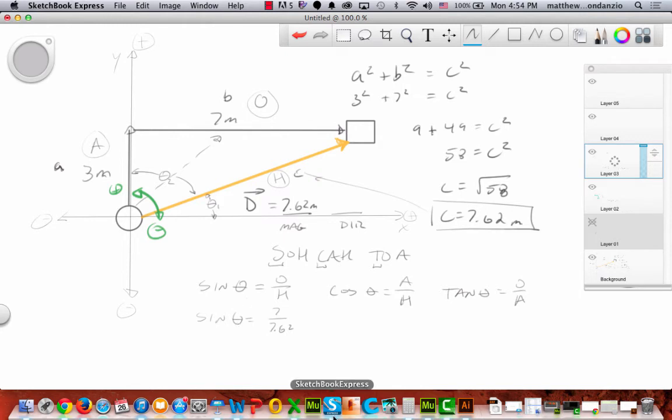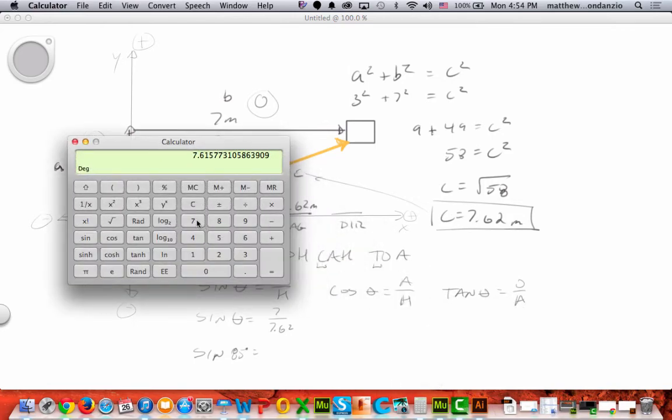Because I'm saying the sine of the angle is this ratio, I need to figure out how to get there. Let's say the angle was 85 degrees. Sine of 85 would give me a ratio of 0.996. Well, what's our ratio here? Our ratio is 7 divided by 7.62, which is about 0.91.